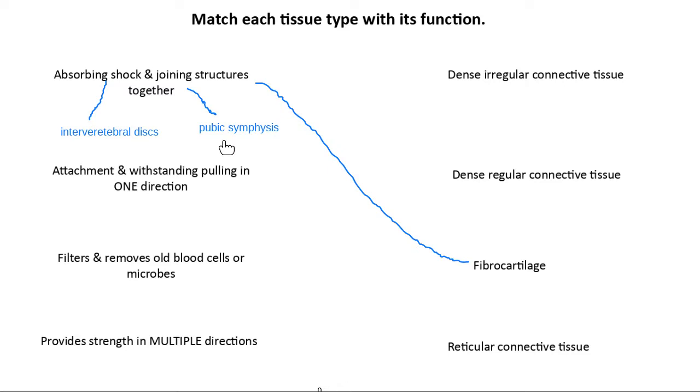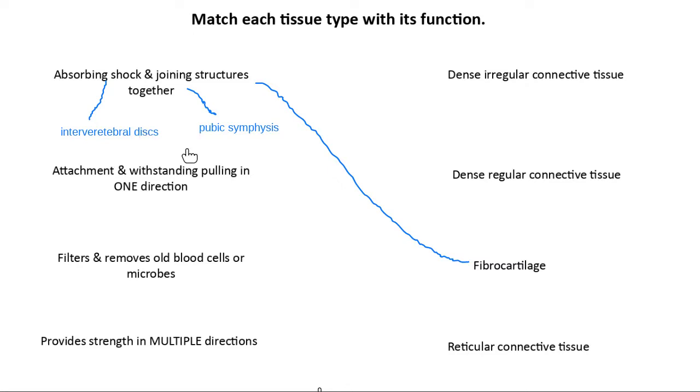Your hips are made of the ilium, where you put your hands on your hips, the ischium, where you sit, and the pubis in the very front. So there's some cartilage that holds together the two halves of the pelvis. That's fibrocartilage. It's really tough and really strong, and it makes up what's called the pubic symphysis. So the two functions of fibrocartilage, absorbing shock and joining things together, can help you remember where we find it in the body.